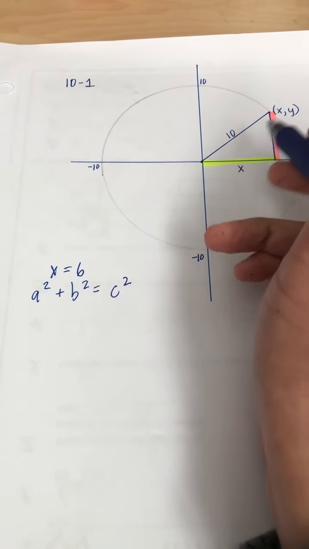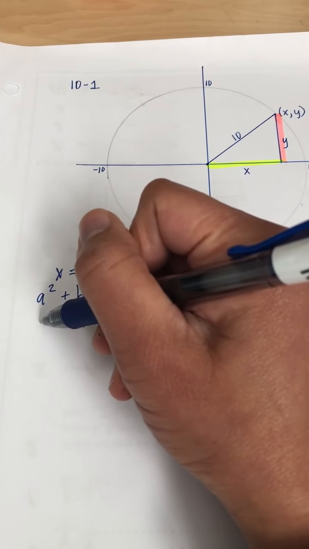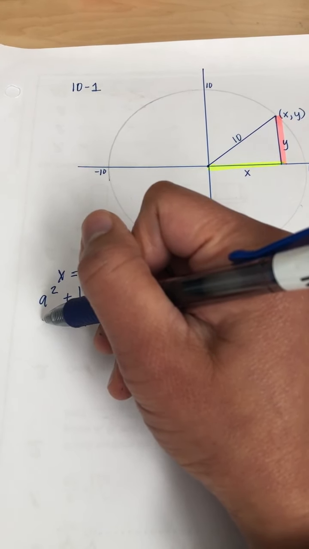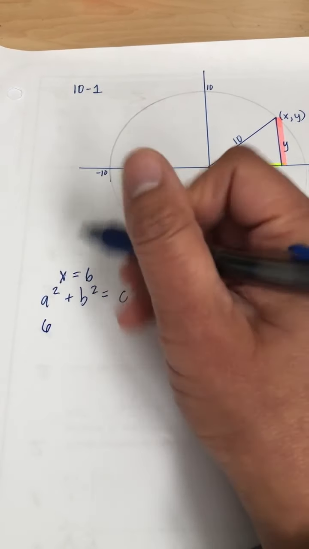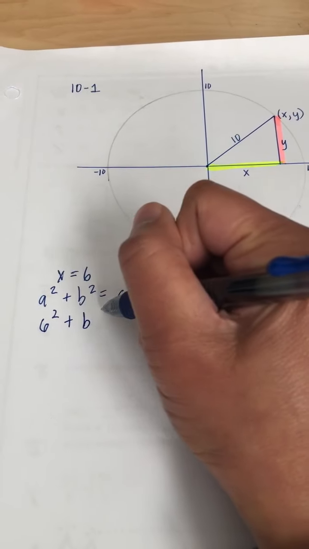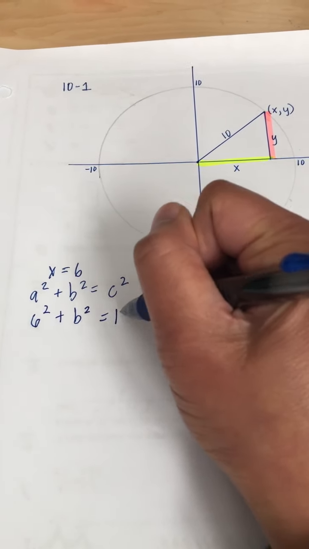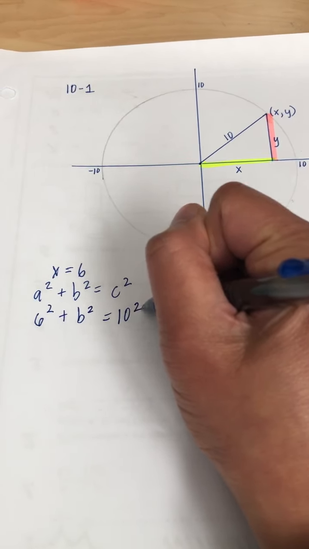That C is reserved for 10. So 6 can go in for A or B, so I'm going to put 6 in here for A, plus B squared, which was the y squared, and 10 squared, which will represent the hypotenuse squared.